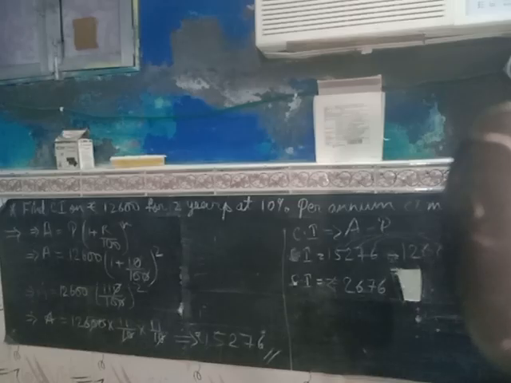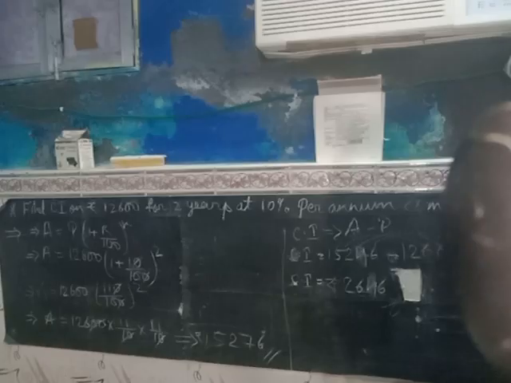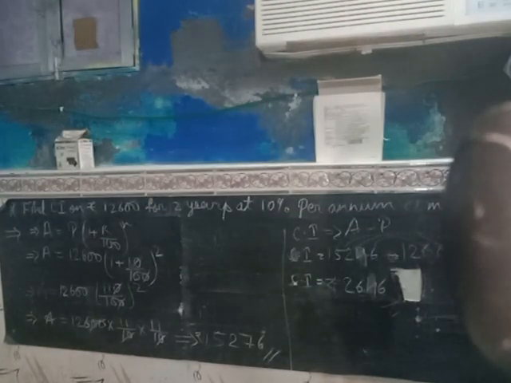This is 12, 2 to 1 2 2 102, 2, 6 4, 5 4 4 6. Here it will be 4, here it will also be 4. Now the answer is correct. So the compound interest is 2,646.